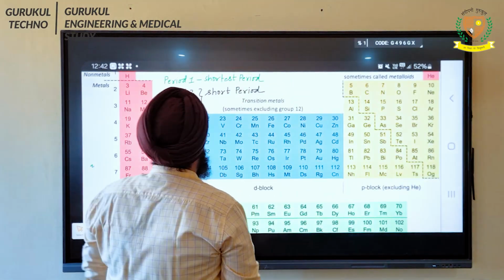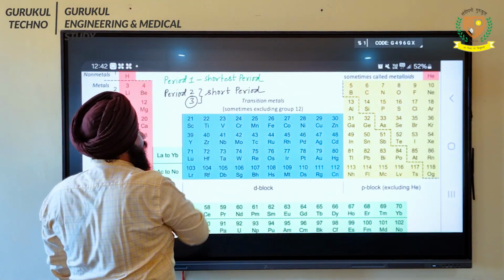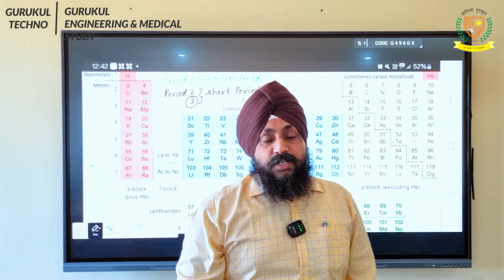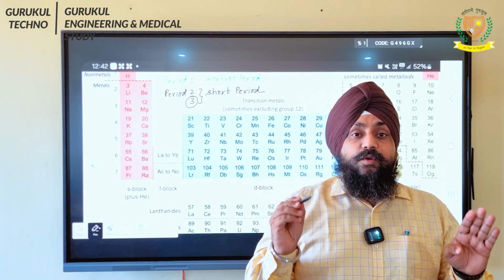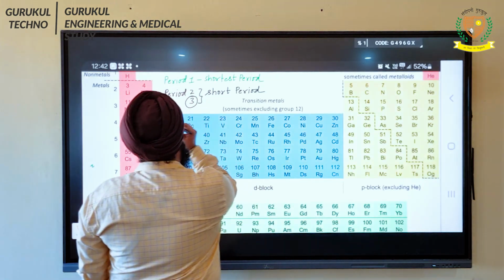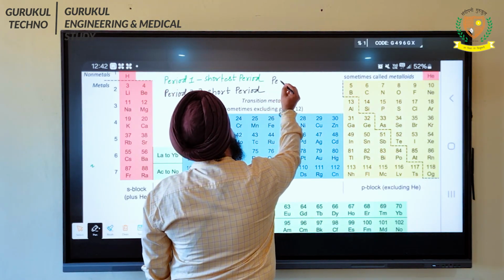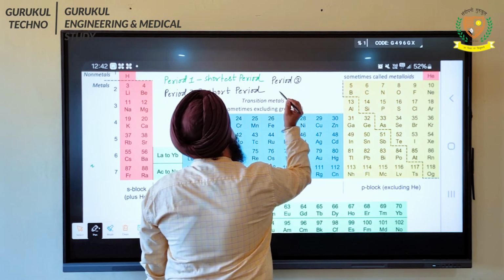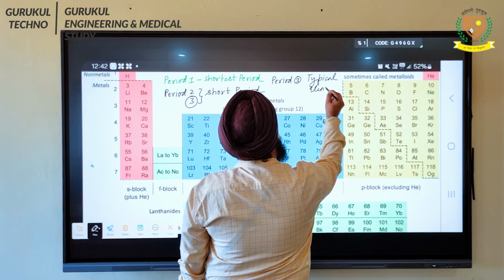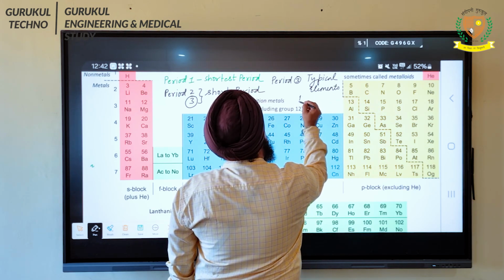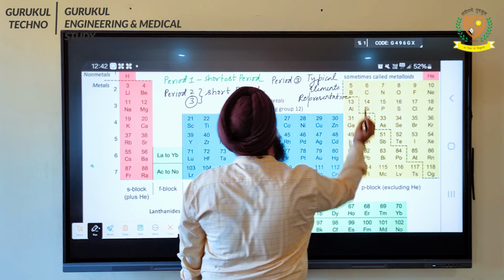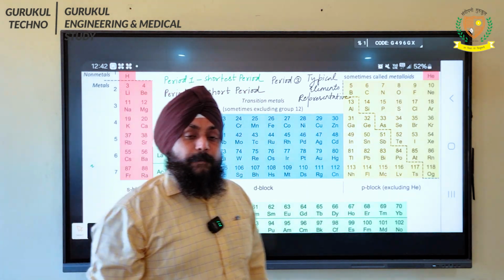Now this third period, students, the elements of the third period are called typical elements, or you call them representative elements.